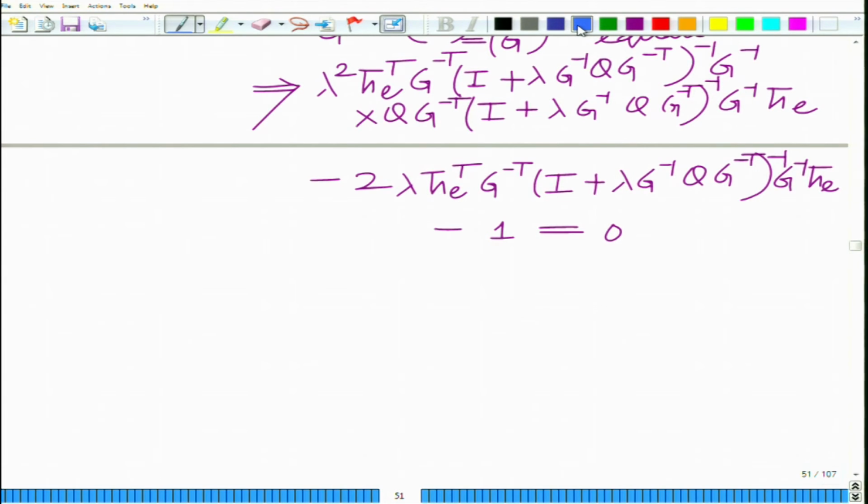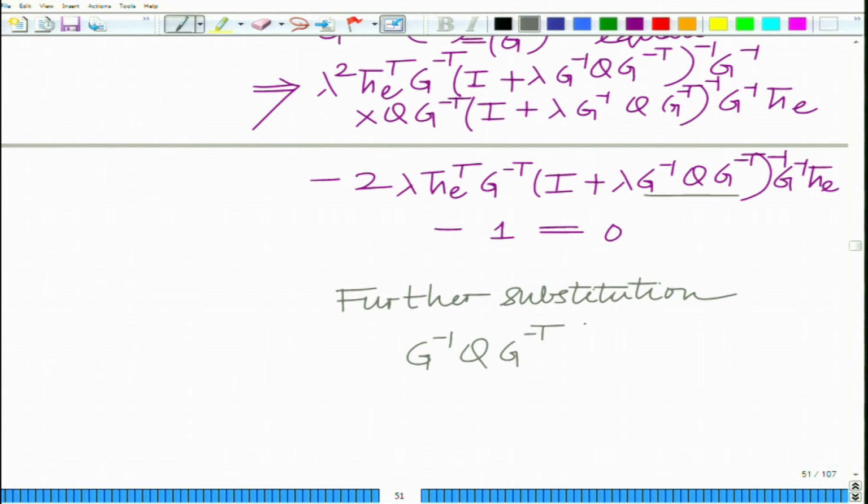Now, we are going to do a further substitution, which will simplify this, and we are going to see how. If you look at this matrix, it looks like the key because it appears repeatedly.